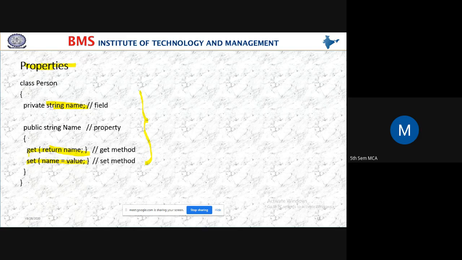Now what is the use of the set method and the get method? The set method is used to assign the value. As the name implies, in the set method we are assigning a value to the variable name.